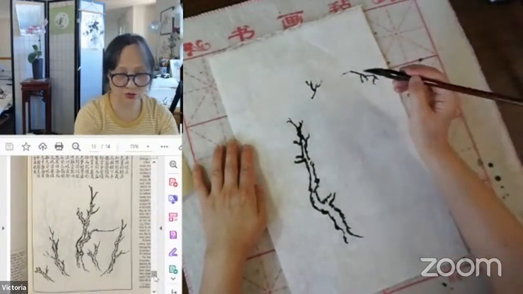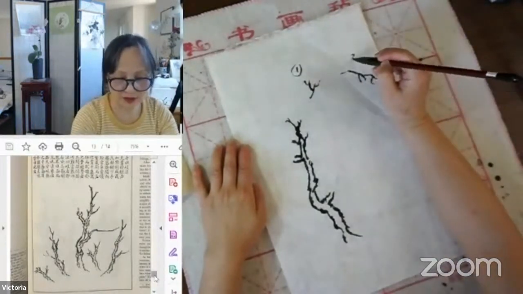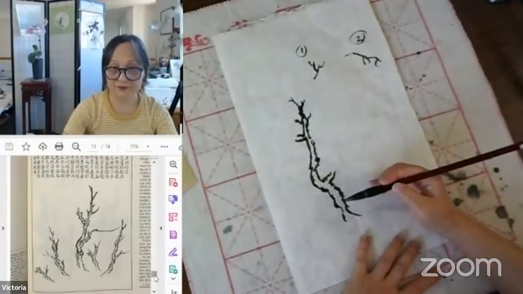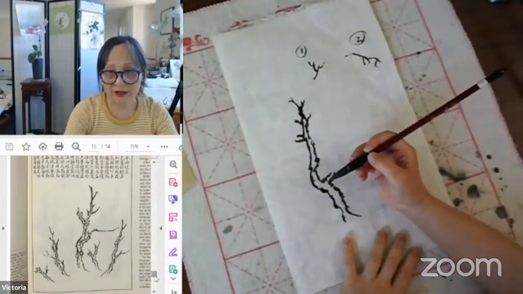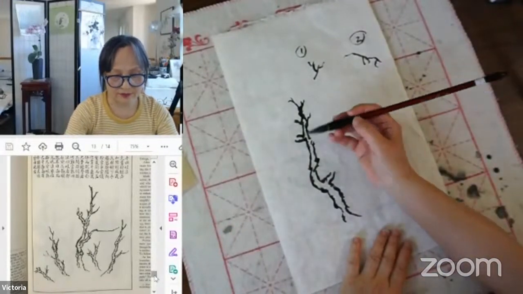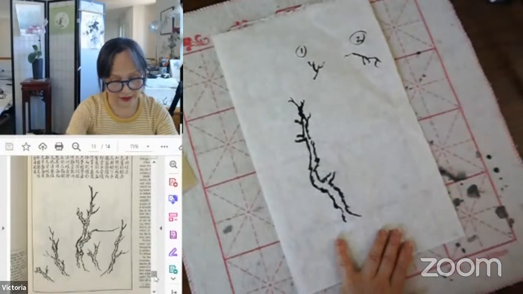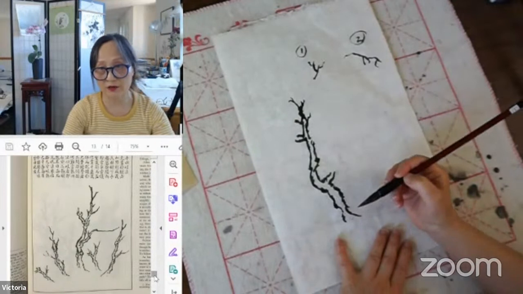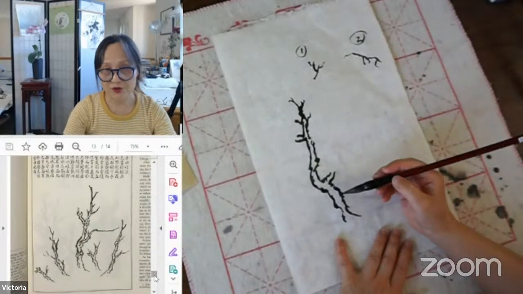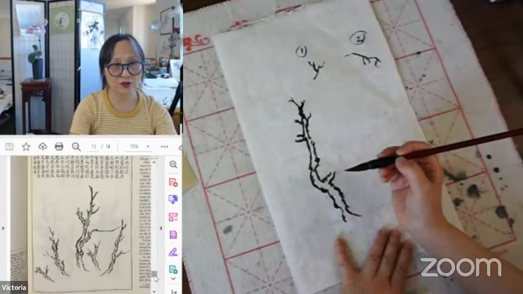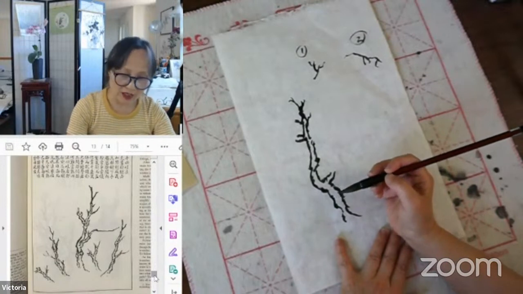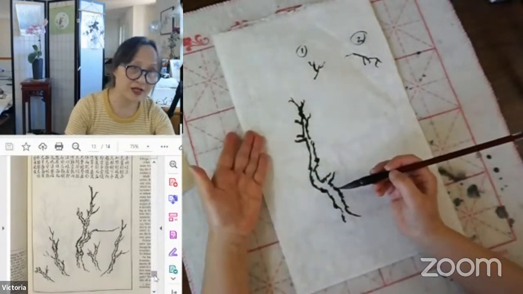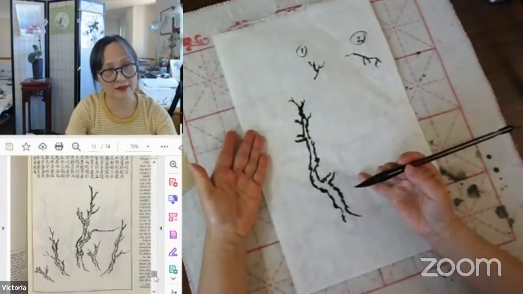So that's the tip. Okay, and then you can finish the main branch. The trunk we got already, and now the main branch. When you do the main branch, think about what we saved: the outlets for the left and the right, not at the same level.